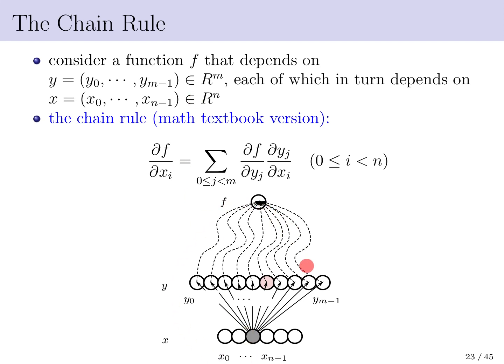The situation can be illustrated like this. In a way, the original input, or let's call it the downstream variable, is x, which affects the value of y, and we are taking the function of y.